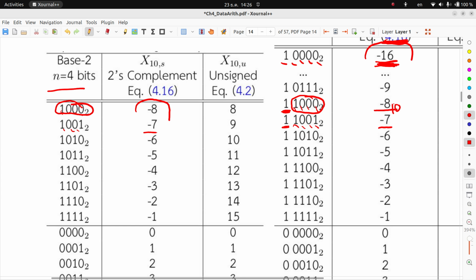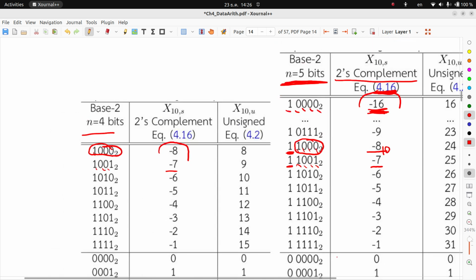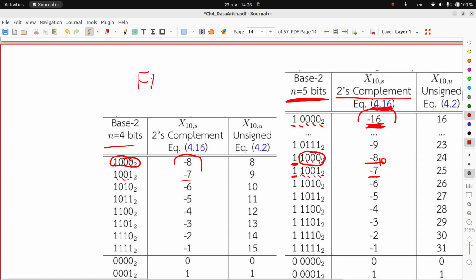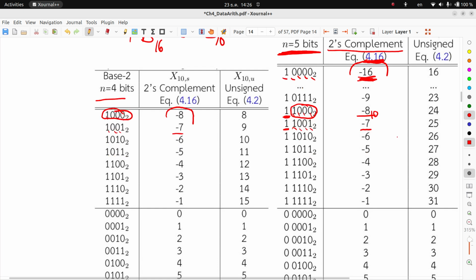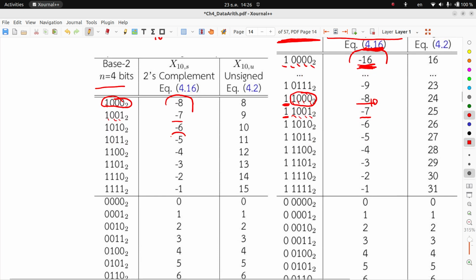What's so magic about this? I will explain it to you. Remember, FB represents minus 5 base 10. Where's B? Where's minus 5? Here.